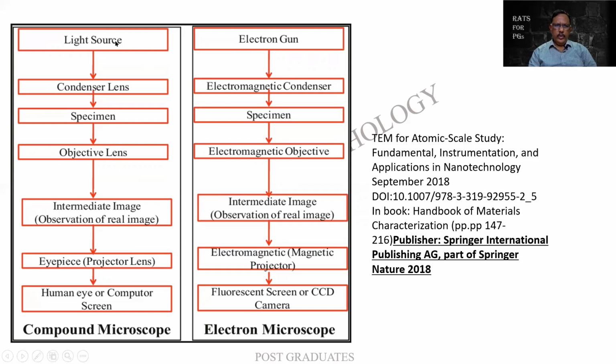There is a light source, a condenser, then you have got the specimen, there is an objective, and you find that an image is getting formed, and this goes on to the eyepiece, and from where it goes to the human eye and the brain, which is supposed to be the computer. This is the light microscopy, or sometimes nowadays we find that even this is getting attached to the computer.